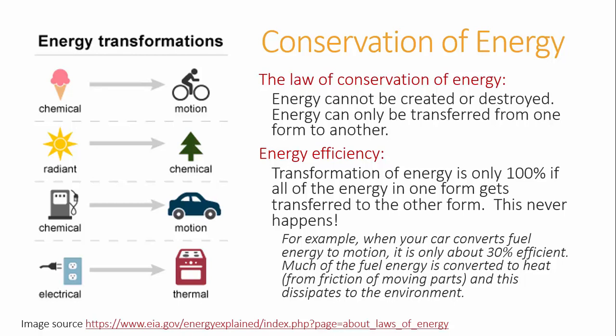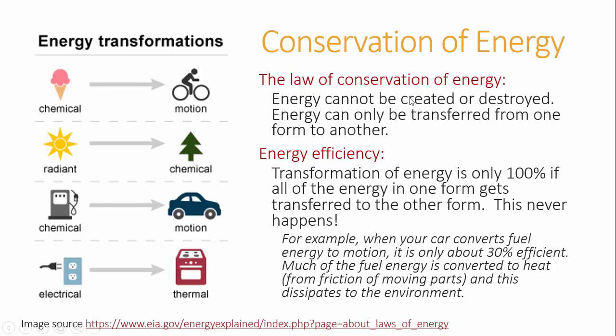Most of the energy is lost to heat because of friction and moving parts in the engine and in parts of the car, and then this heat just dissipates to the environment and is lost. So it's not being used efficiently to power that vehicle.